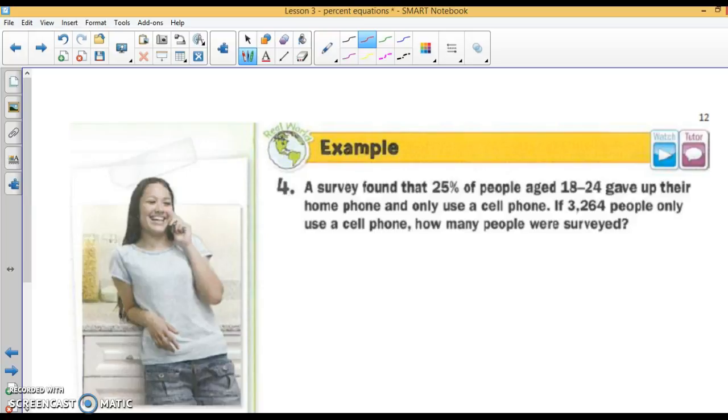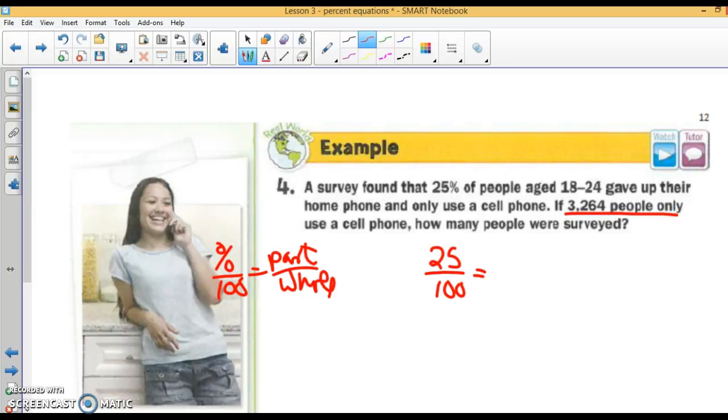I highly recommend, let's do percent proportion. So that's going to be percent over 100 equals part over whole. So our percent is 25%. So 25 over 100. Now, this is 3,264 people use a cell phone. That's the part, because that's the ones using the cell phone.